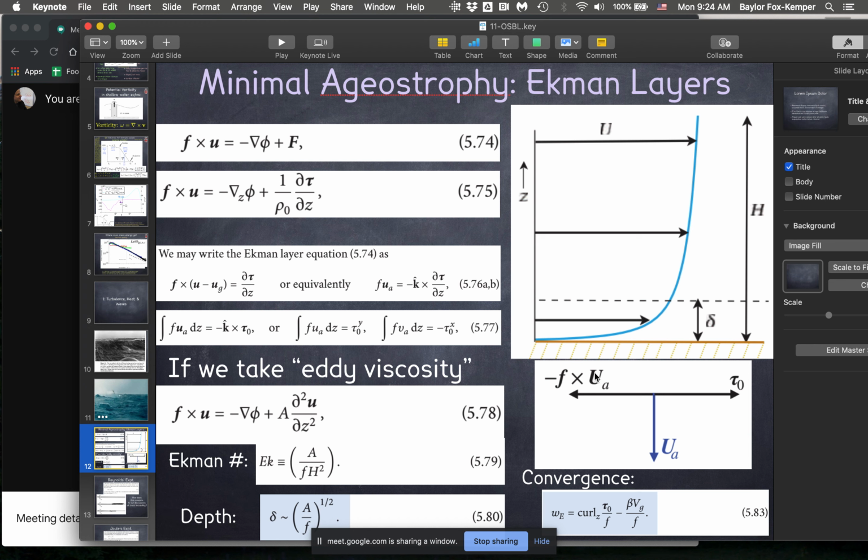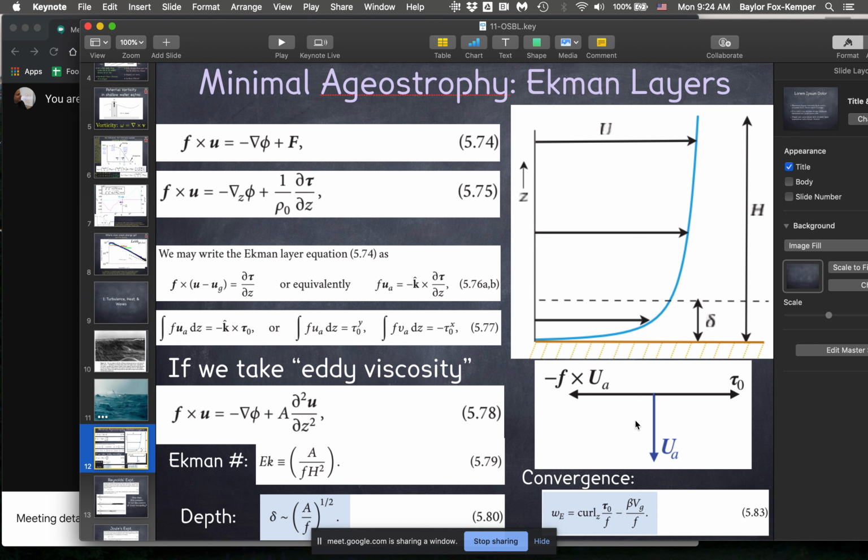So here capital U is the depth integrated velocity. And so this force balance is not layer by layer throughout here. It's just in the integral across this boundary layer, what do the forces balance? So the surface stress is balanced by the depth integrated Coriolis force, which means that the depth integrated flow is perpendicular to the surface stress.